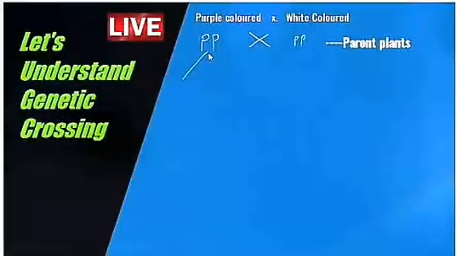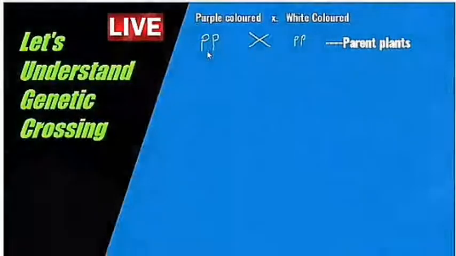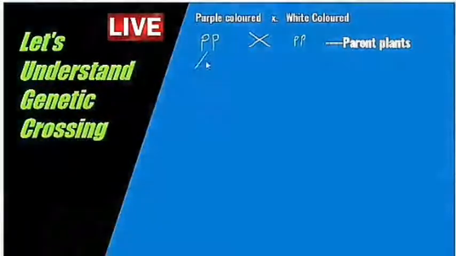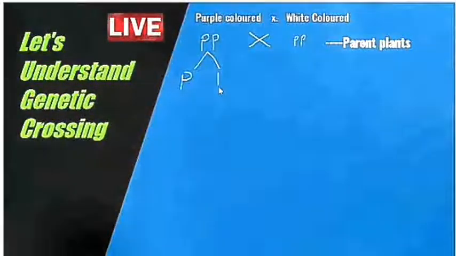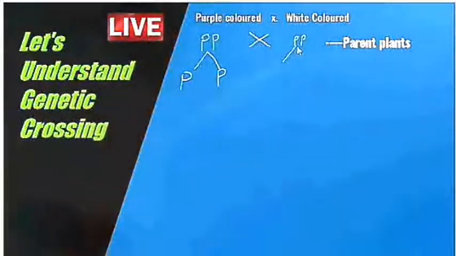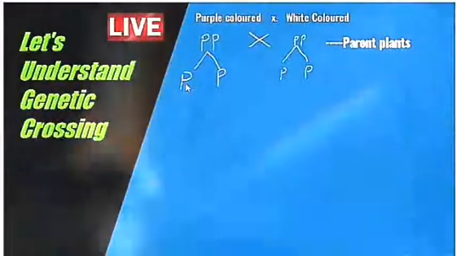So, representing the allele for purple flower with double capital letter P and the allele for white flower with double small letter p, this will separate and give us the allele capital P and allele capital P for purple color. This will also split to give us the allele small p and small p representing white color of flower.